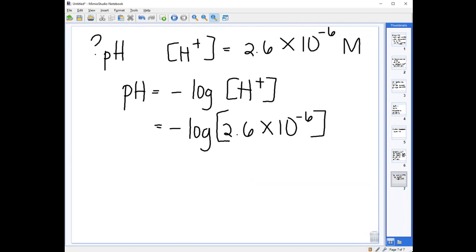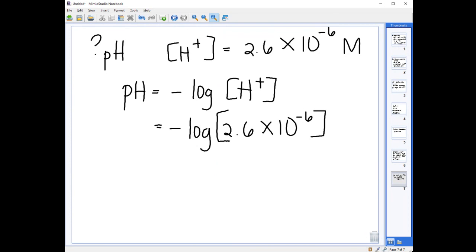And again, you need to make sure you know how to put this in your calculator, and don't forget about that negative sign in front. If you get a negative number, then you've done something wrong, because the pH will never be negative.